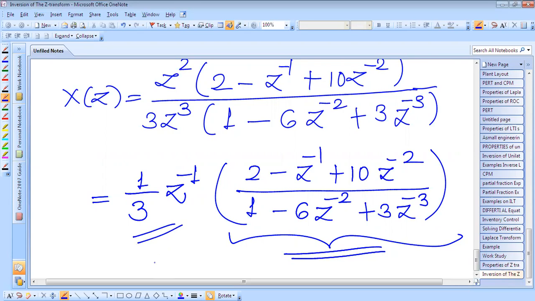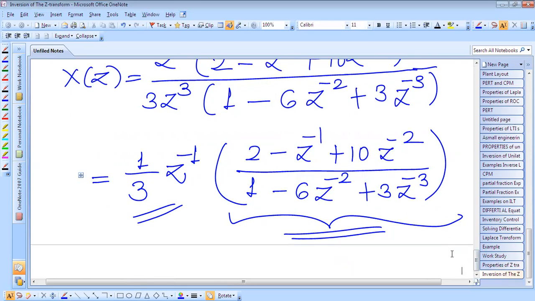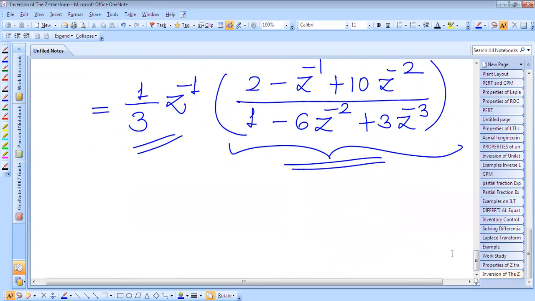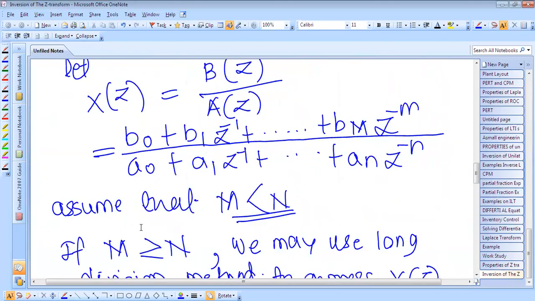In this way we can find the inversion of the Z transform by applying the partial fraction expansion to determine the inverse transform of the B tilde by A. So the partial fraction expansion, which is given by equation 1, is obtained.